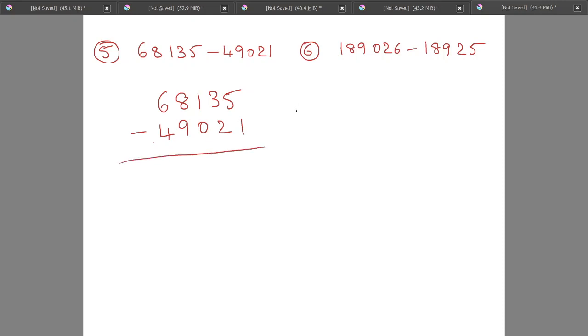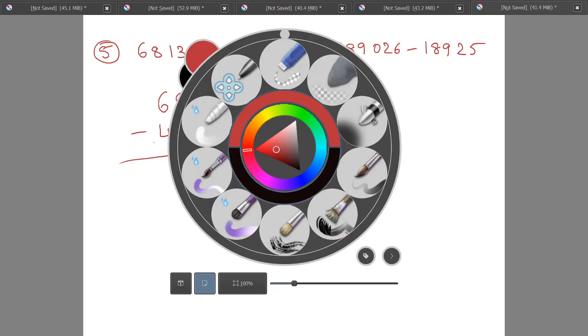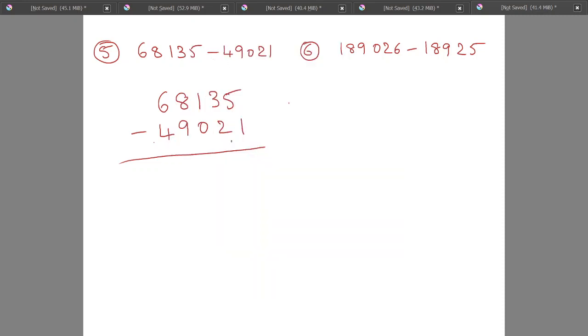Okay. 8 minus 1 is... 5 minus 1 is 4. 3 minus 2, 1. 1 minus 0, 1. So far so good. Here 8 minus 9. Again 9 is greater than 8, so borrow 1. So this becomes 18 and this becomes 5. 18 minus 9 is 9 and 5 minus 4 is 1.